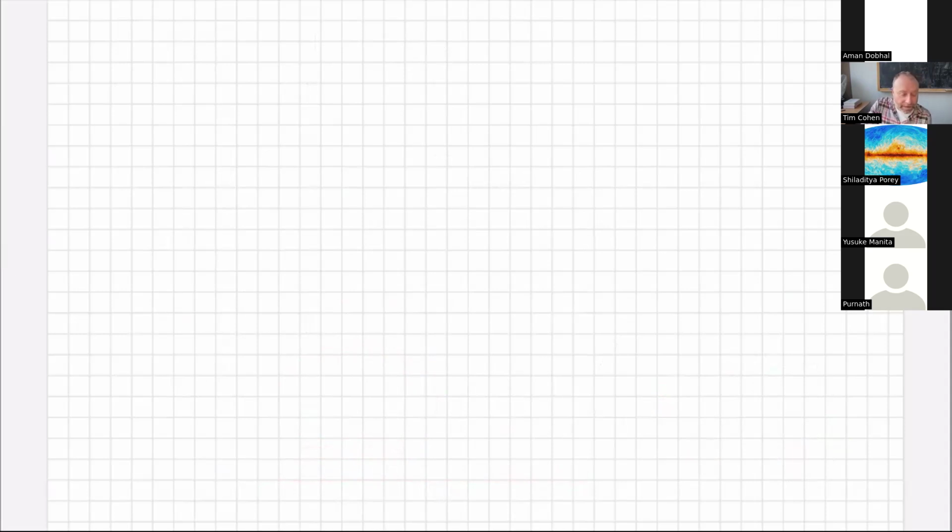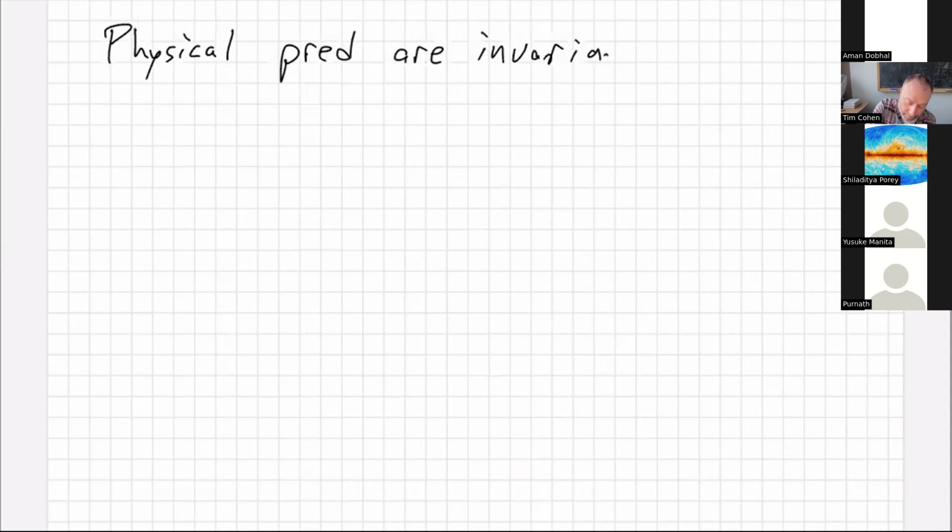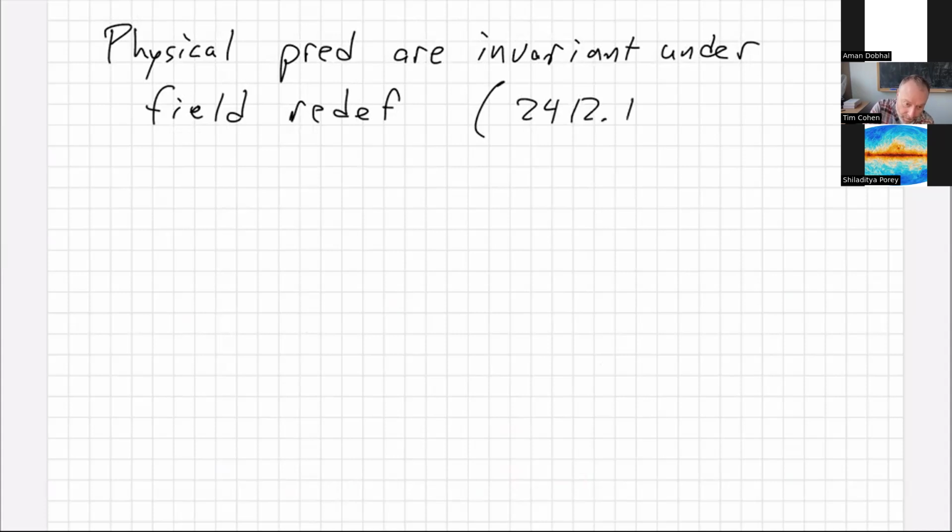Okay. So the key idea is we know that physical predictions are invariant under field redefinitions. And in fact, just to advertise a little bit of my own work, recently I revisited this question with Andreas Helset and Matthew Forslund.